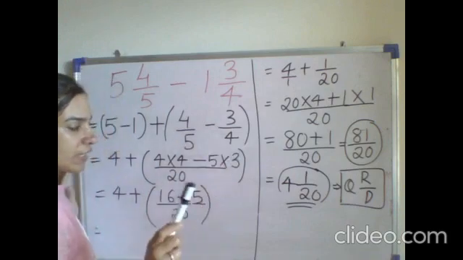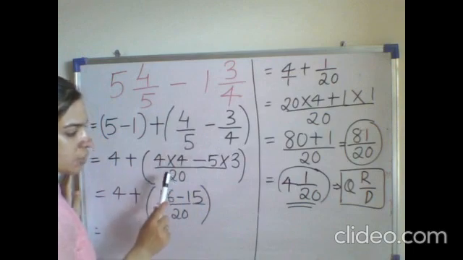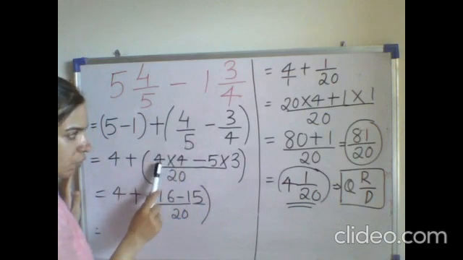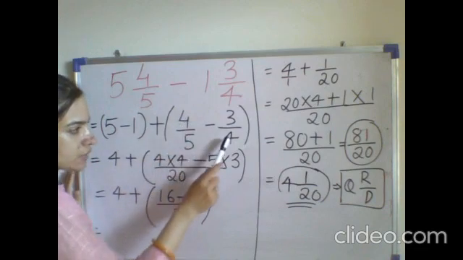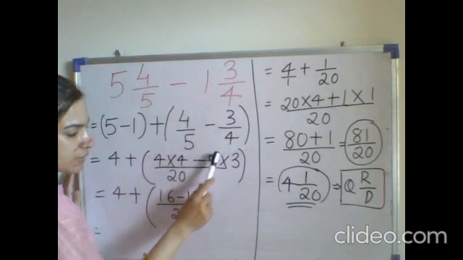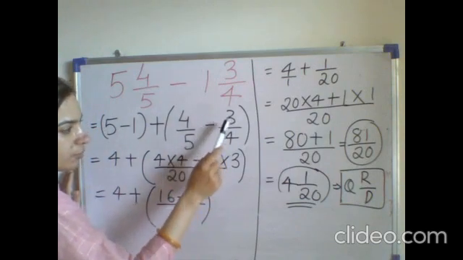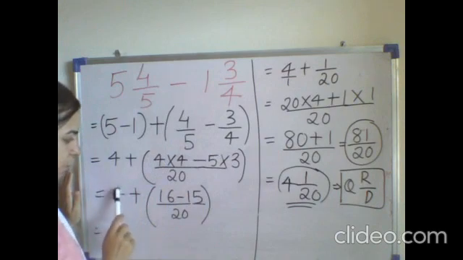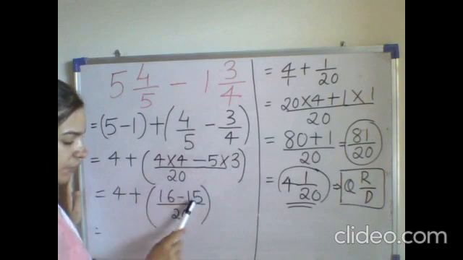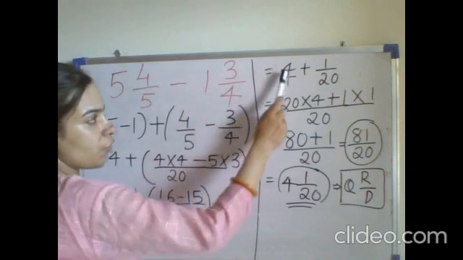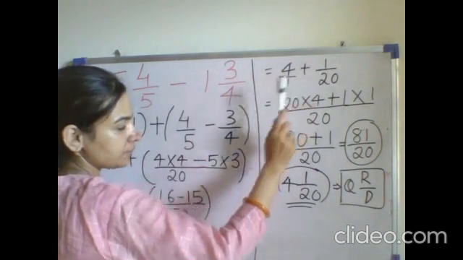The LCM of 5 and 4 is 20. 20 divided by 5 is 4, multiplied by the numerator 4, minus 20 divided by 4 is 5, multiplied by the numerator 3. Now 4 4s are 16, minus 5 3s are 15, upon 20. Now 4 plus 16 minus 15 is 1 upon 20.